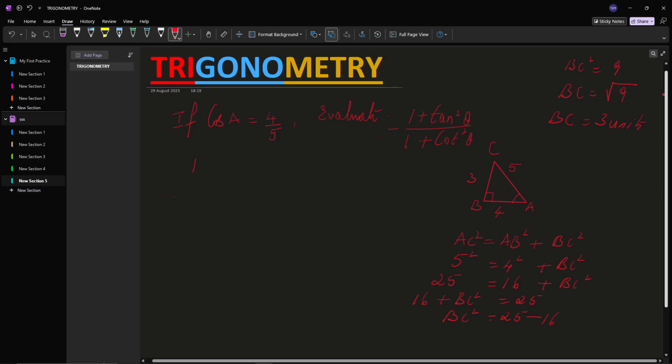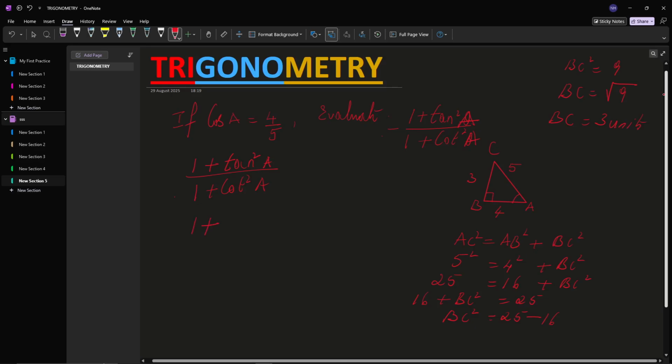Now I will go to the problem. You have to find the value of 1 plus tan square A divided by 1 plus cot square A. So referring the angle as A here, I can also say it as theta, it doesn't matter because the reference angle is A here.